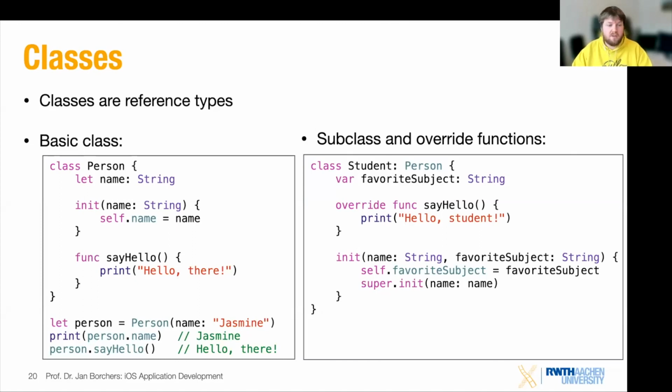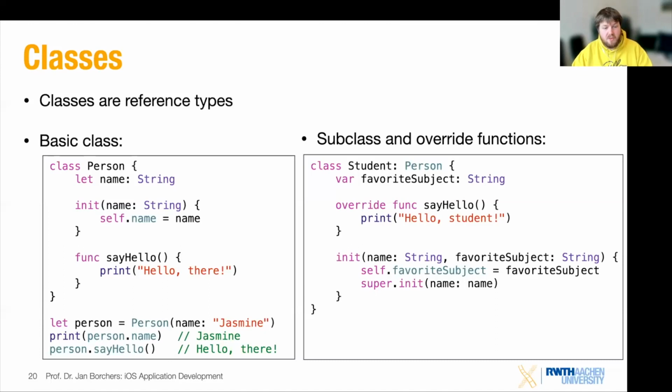So it takes all the member variables and all the functions from the original Person class. And here we assign a new variable, favoriteSubject of the student, which is also a String. We can also create a new initializer that not just takes a name, but also the favorite subject.